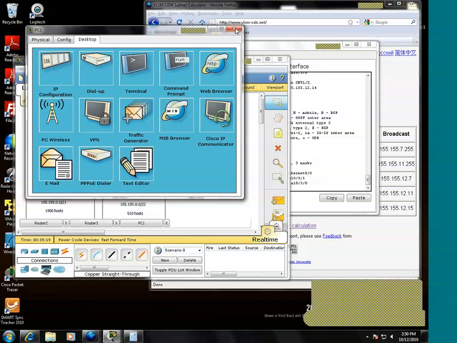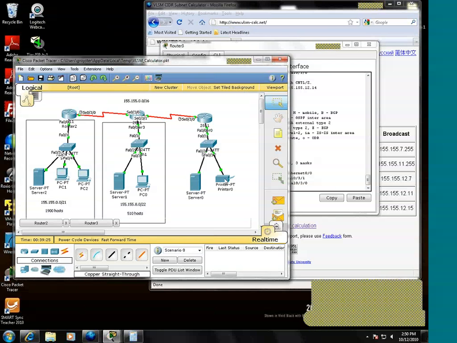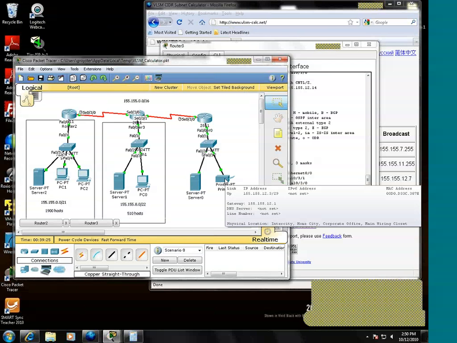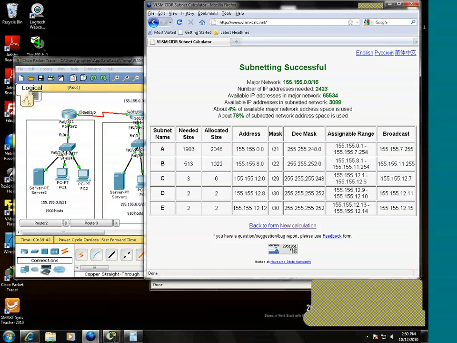All right. Let me ask you this. Should we be able to ping from PC1 to the printer? What was that, Will? Is it in the routing table? What network is this? It's the 3-host network? Yeah, so it's 155.155.12.0 network.